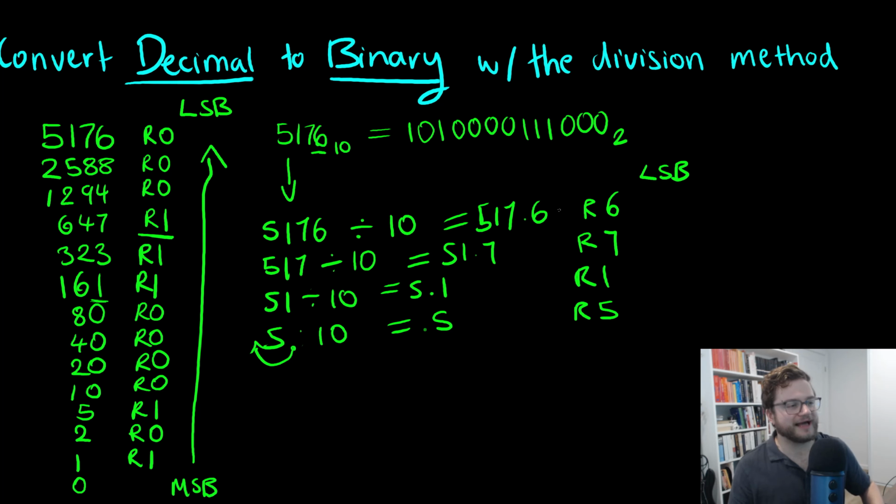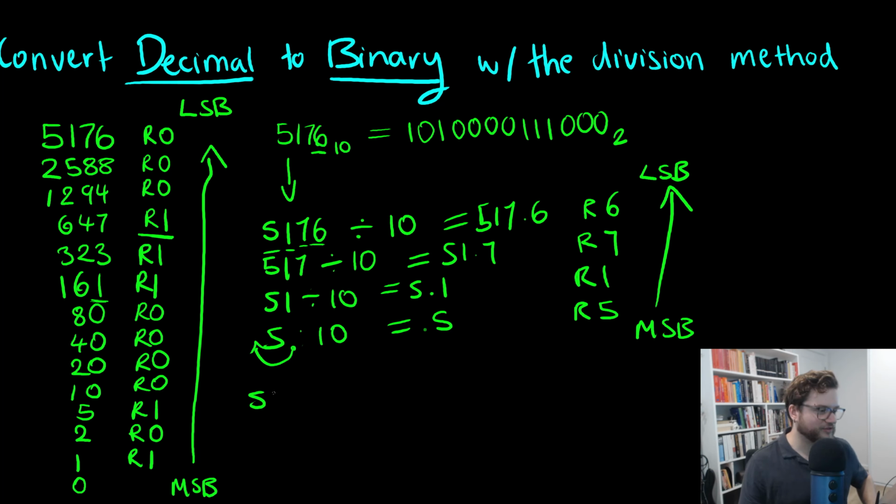So our leftover, when we divide 5,176 by base, by how many is in each column, like that, divide that by 10, 517.6, remainder 6. So we did that, and then we did it again, and we did it again, and we did it again. And so the most significant number down the bottom here is 5, and the least significant is there. We look in this direction, so what do we get?